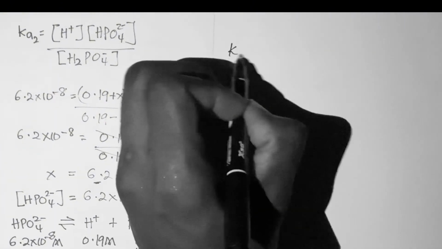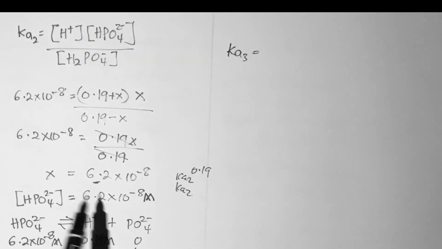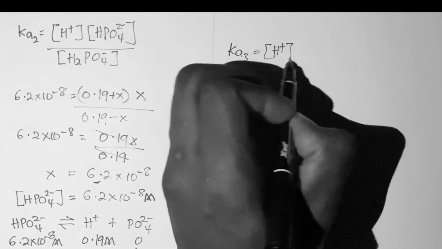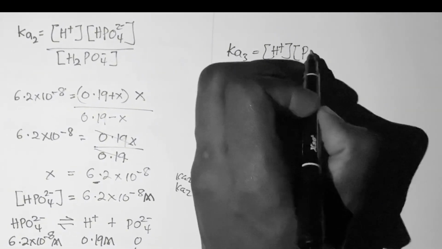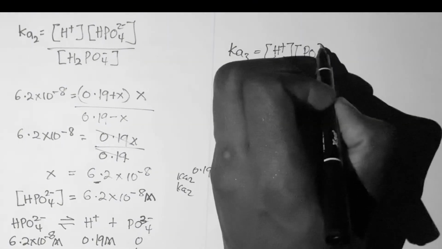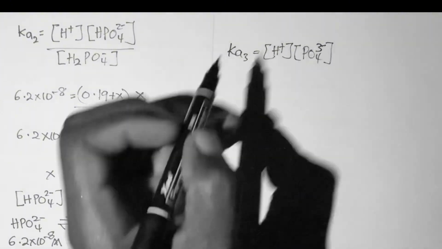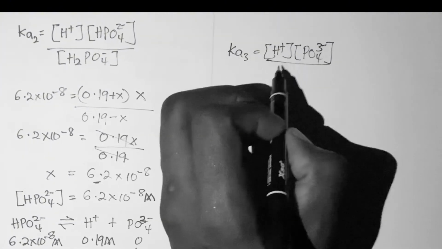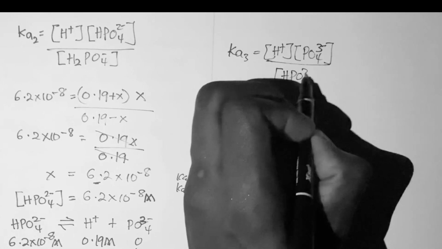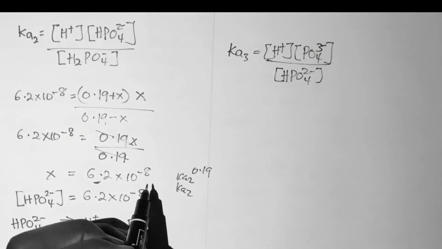So let's write the expression for Ka3. Ka3 is equal to the concentration of the H plus ions times the concentration of the PO4, sorry, this PO4 is 3 minus. I'm sorry about that. 3 minus ions, divided by the concentration of HPO4 2 minus ions.